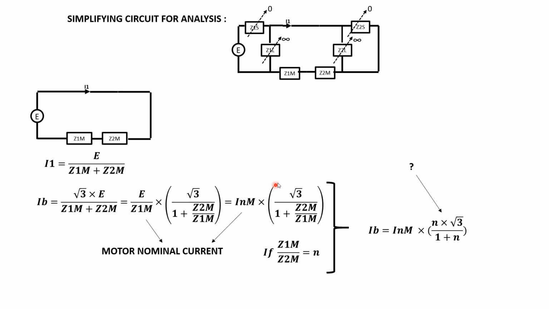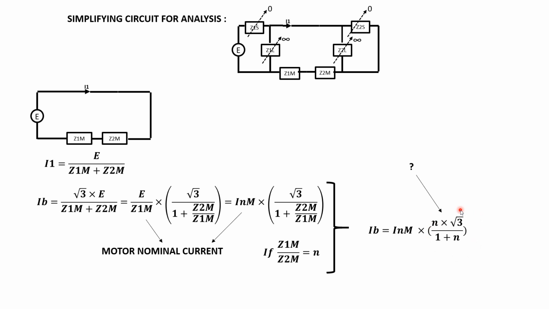But we see a factor here multiplying the nominal current, so we are interested to know what that factor is. This factor is related to the ratio between negative sequence and positive sequence. If we introduce n, the opposite of this ratio, positive to negative sequence, then we can write that the motor current is basically n multiplied by square root of 3. So we are interested to know the value of this ratio.